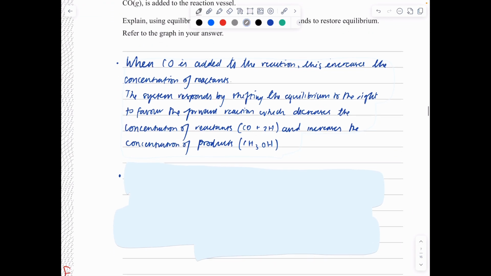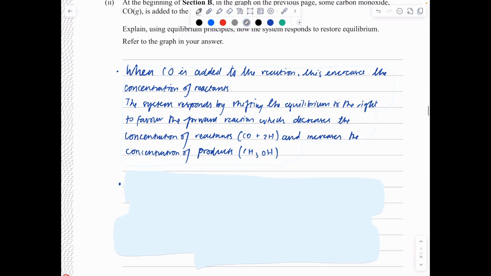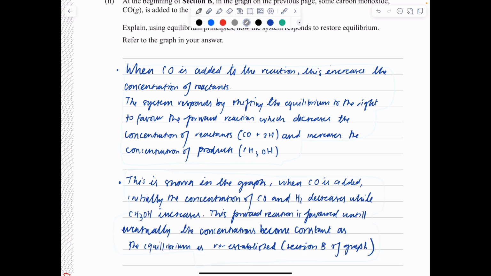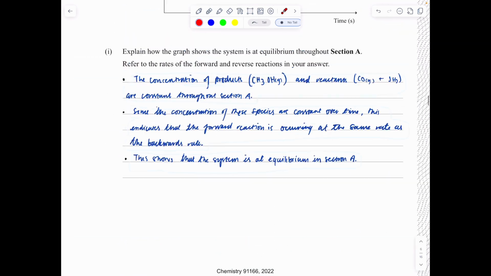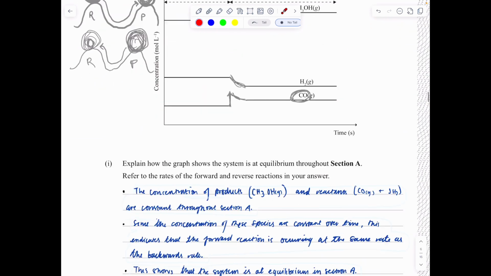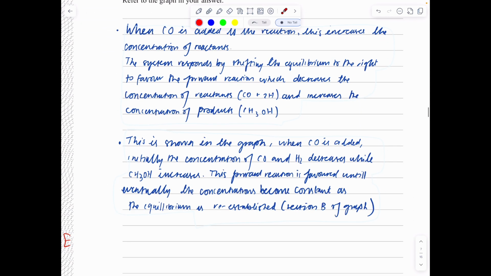Anyways, going back, let's finish this question for the second time. This is shown in the graph. When CO is added, initially the concentration of CO and H2 decreases, as we can see here, while the product, CH3OH, increases.